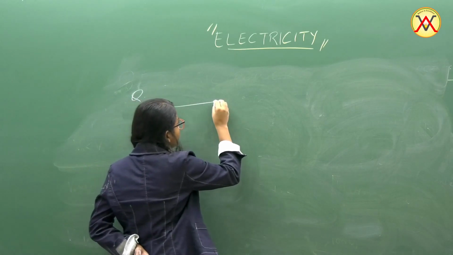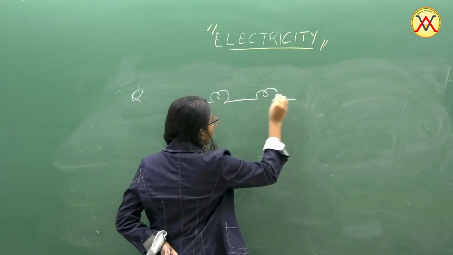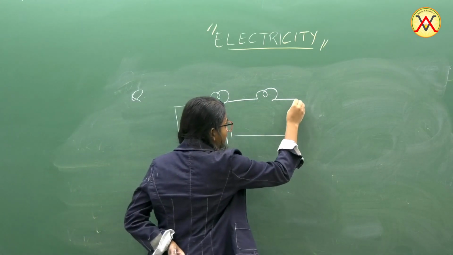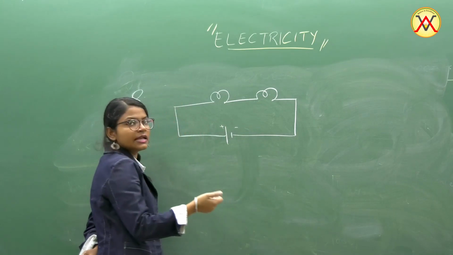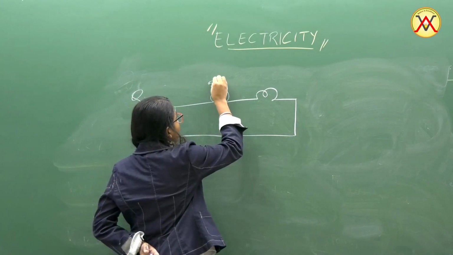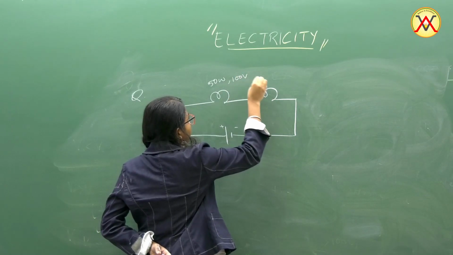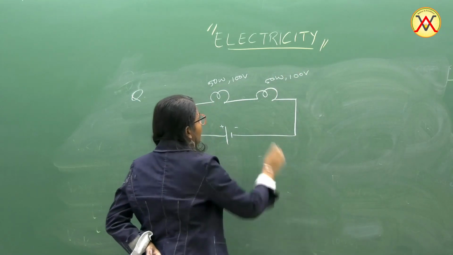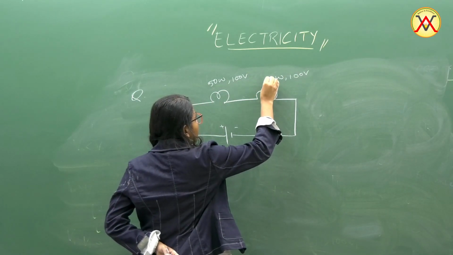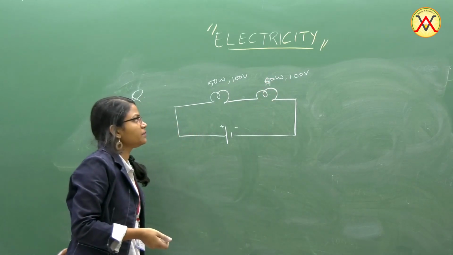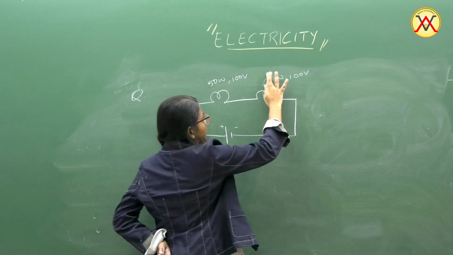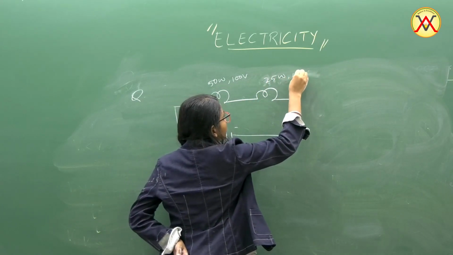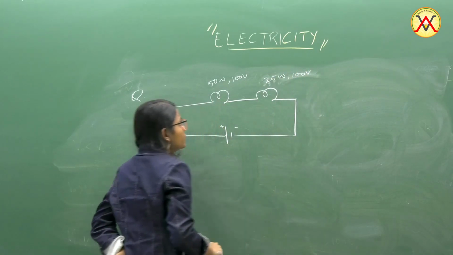Let's suppose we are given two bulbs in series combination such that their rating is 50 watt over 100 volt, and 25 watt over 100 volt.